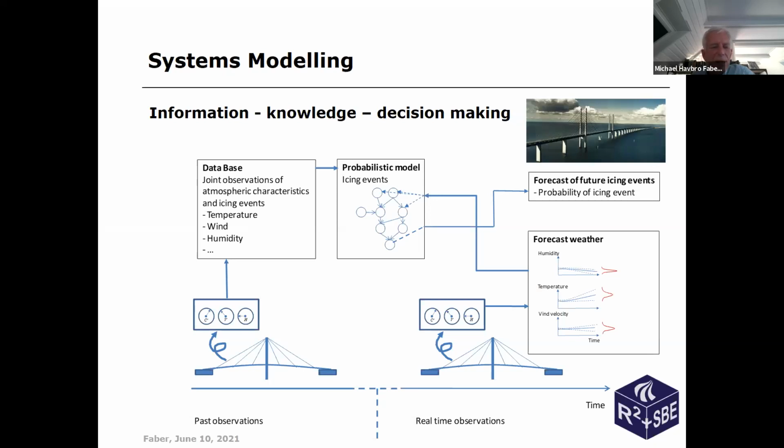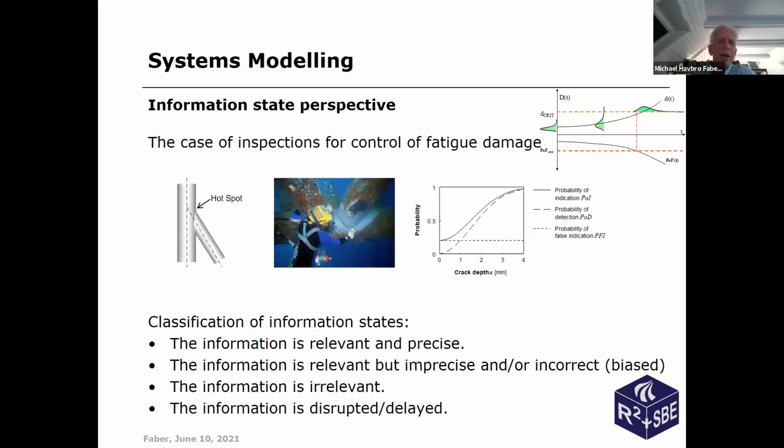We relate environmental conditions to the event of ice accretion, and then we combine in the end our observations, our model relating weather conditions with ice accretion and dropping ice. We combine that with forecasts on weather conditions, and then we have an early warning system. So this is a very clear-cut and very interesting case which is being applied also.